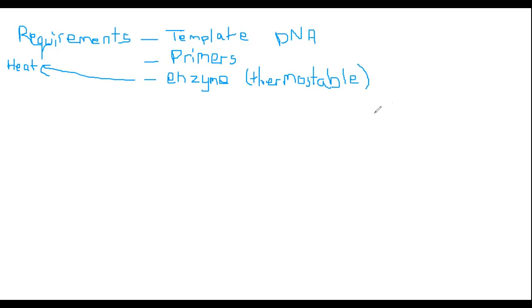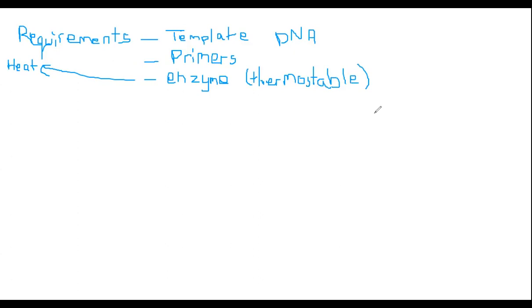Okay, the first enzyme that was used in the PCR reaction was actually isolated from a bacteria that was isolated from hot springs. So, of course, if you have bacteria that live in these really hot springs, they must have thermostable enzymes that don't denature when they're heated up.